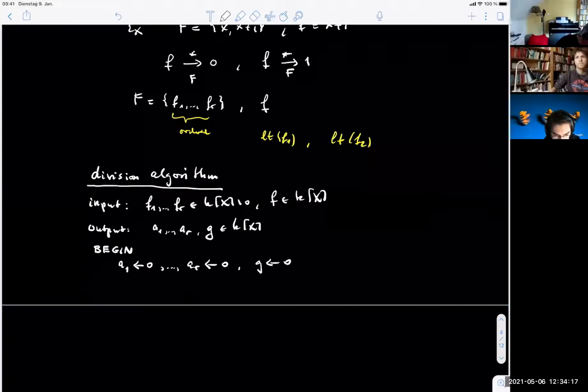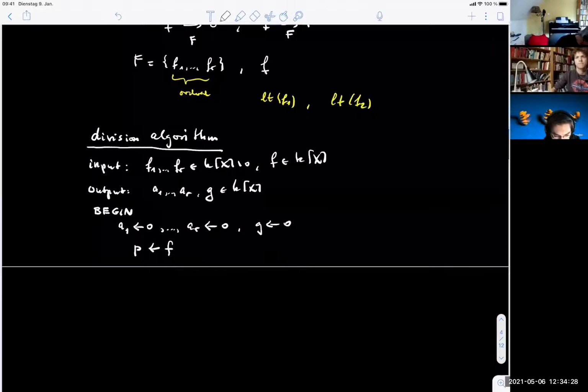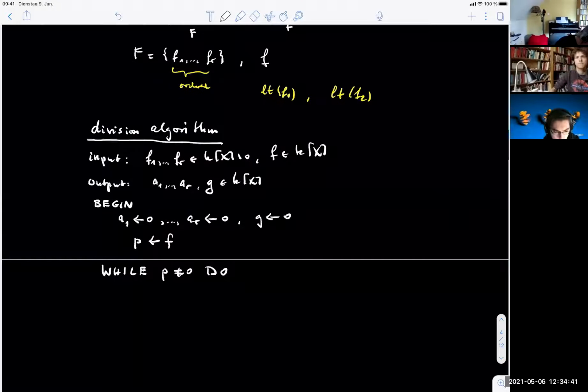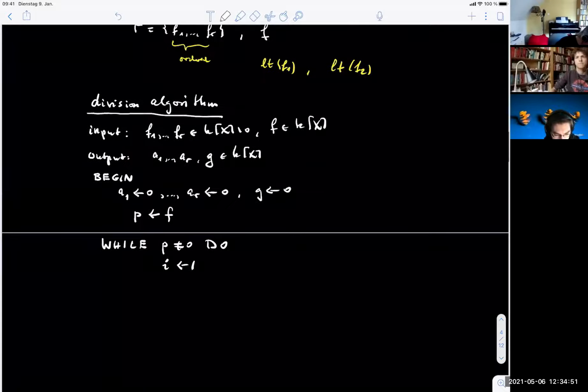And I have an auxiliary variable P, which will be a polynomial, assigned F at the beginning. Then I have a while loop: while P is not 0, do. I have some counter, an integer, initially 1. And then I have a Boolean variable, division occurred.